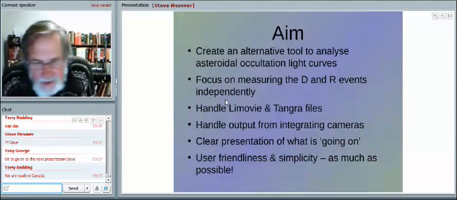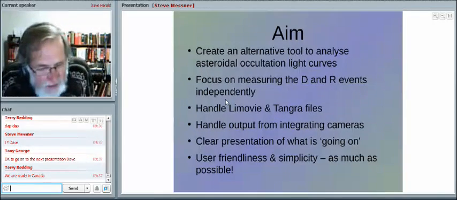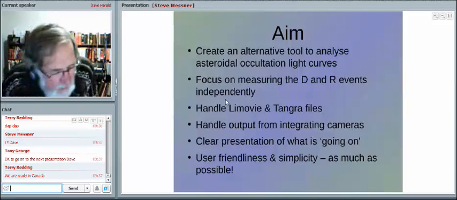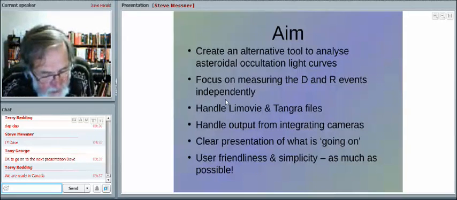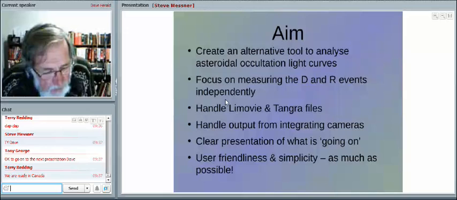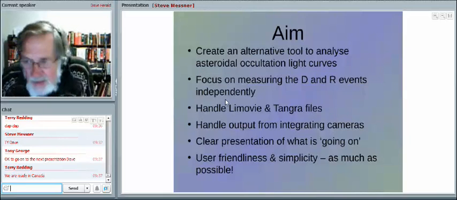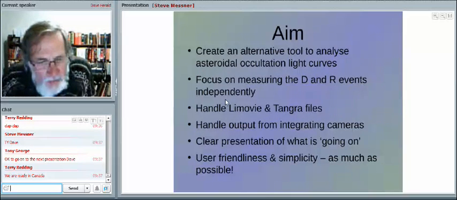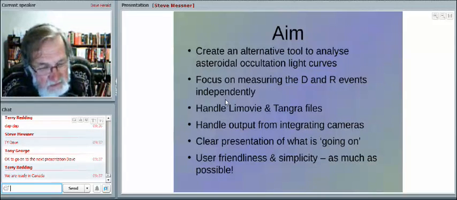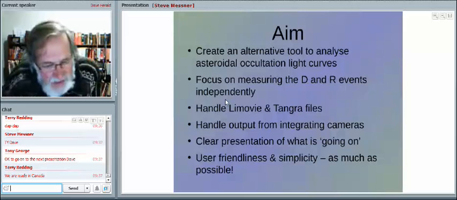With analysis of light curves, the fundamental problem is you've got a data set, typically a single data set with a single light curve, which you're trying to figure out what caused it, and you've got no real way of going back and remeasuring the actual observation.